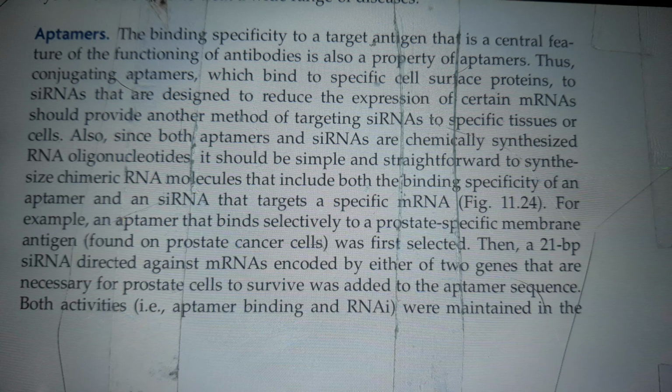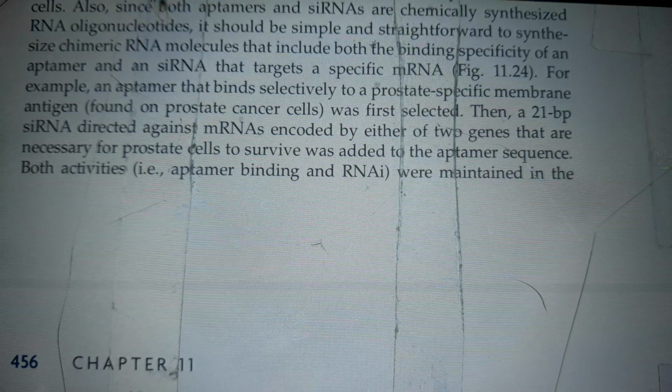Thus, conjugating aptamers which bind to specific cell surface proteins to siRNAs that are designed to reduce the expression of certain mRNAs should provide another method of targeting siRNAs to specific tissues or cells. Also, since both aptamers and siRNAs are chemically synthesized as RNA oligonucleotides, it should be simple and straightforward to synthesize chimeric RNA molecules that include both the binding specificity of an aptamer and an siRNA that targets a specific mRNA.